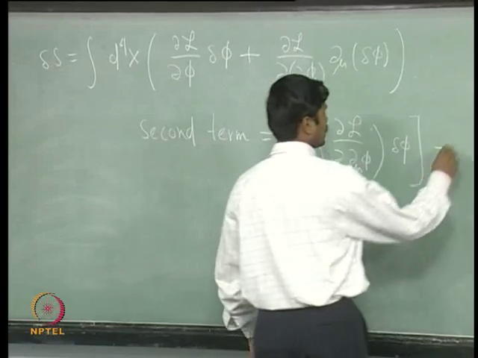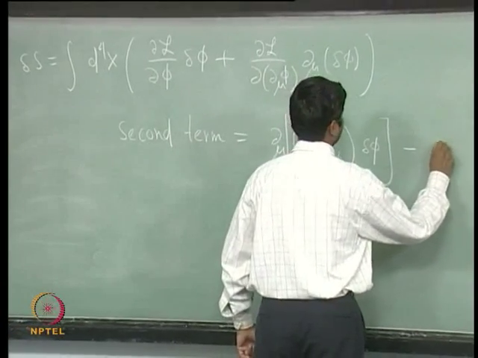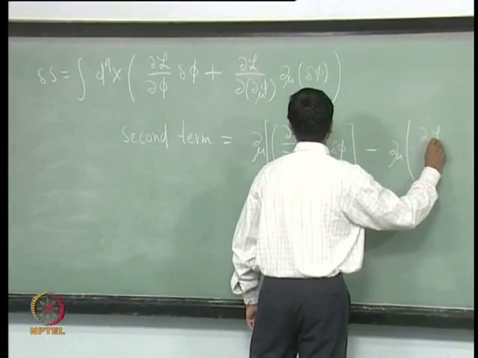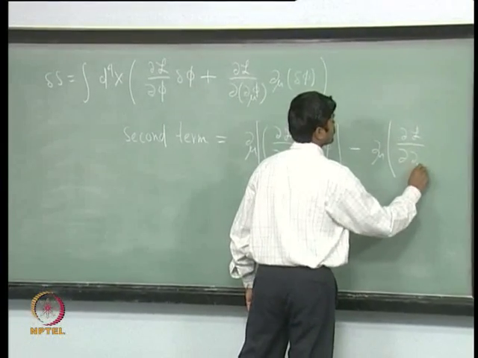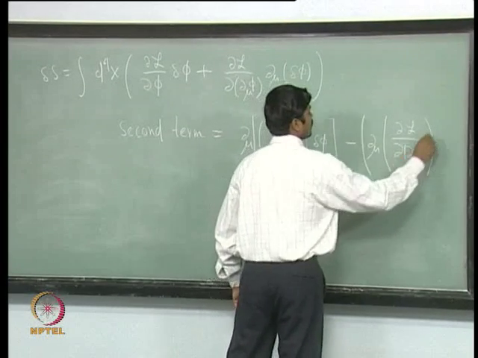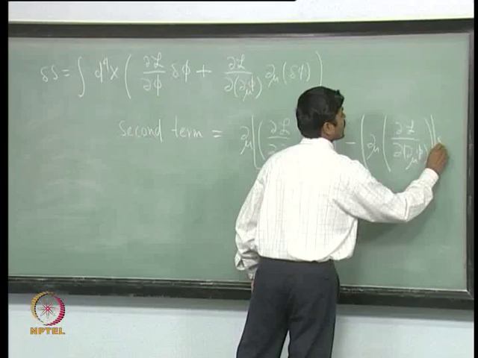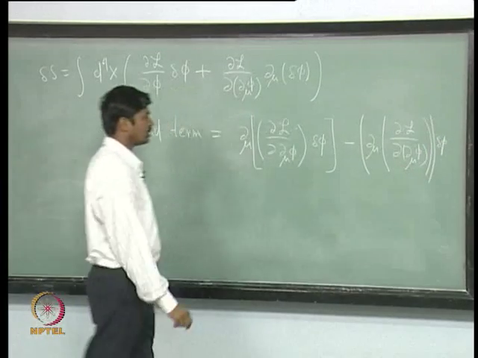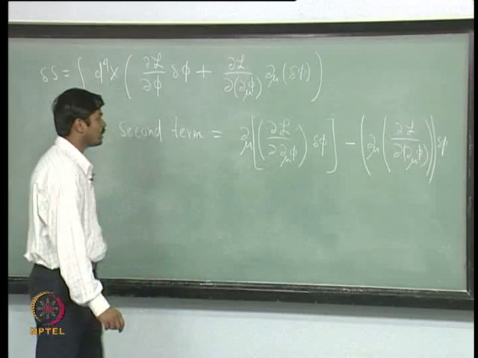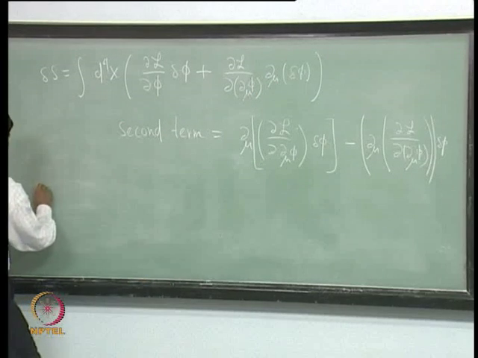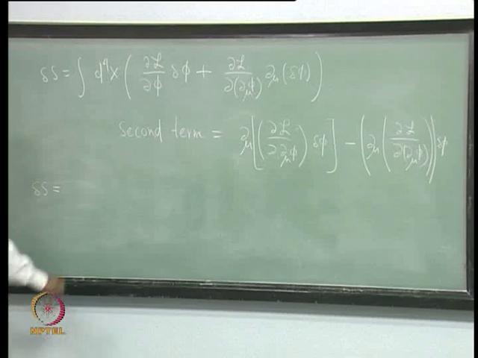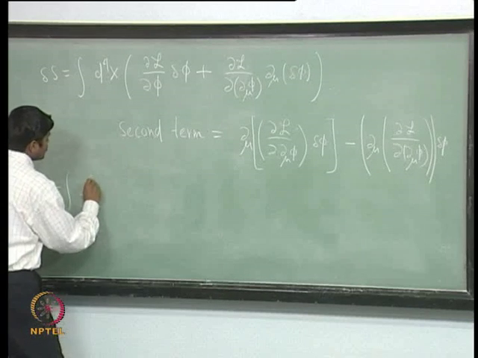minus del mu of del L over del mu phi times delta phi. I will substitute this here, and when I substitute, what I get is delta S equal to the integration d4x.